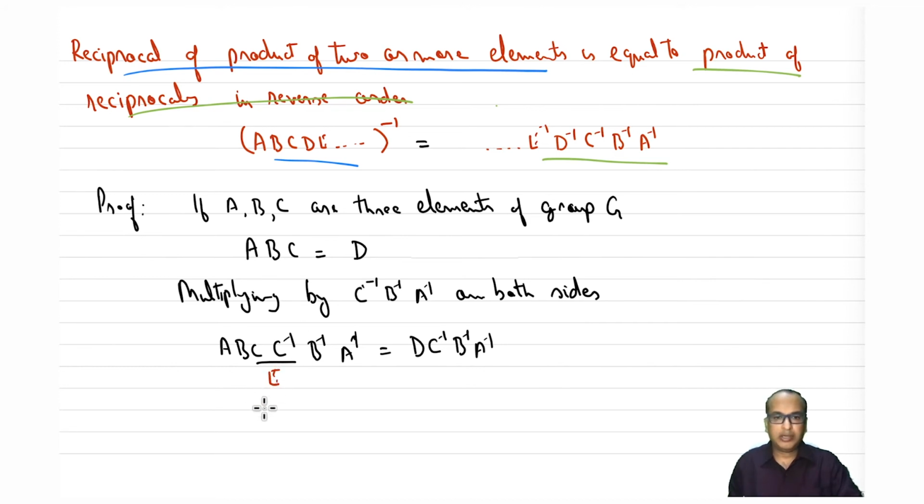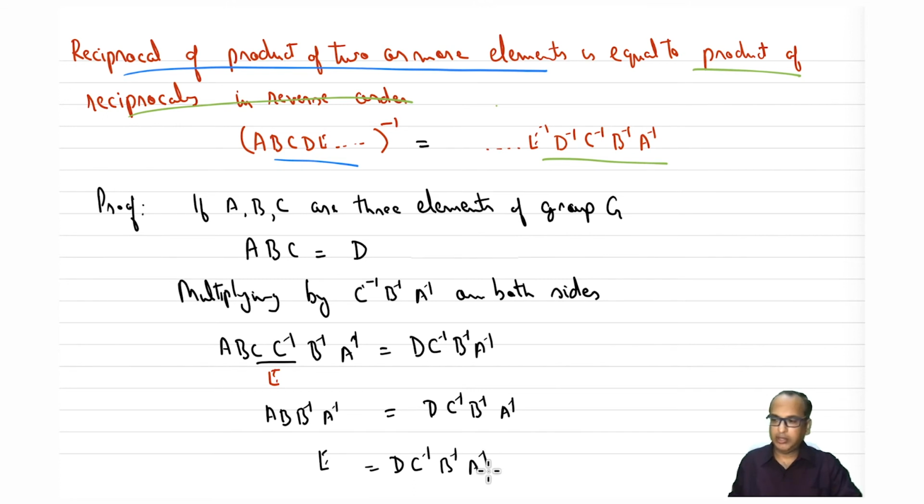So I can write it as A, B, B inverse, A inverse, and E I don't need to write. This is equal to D, C inverse, B inverse, A inverse. Similarly, B B inverse is E, and again A A inverse is E. So this is nothing but E is equal to D, C inverse, B inverse, A inverse, right?